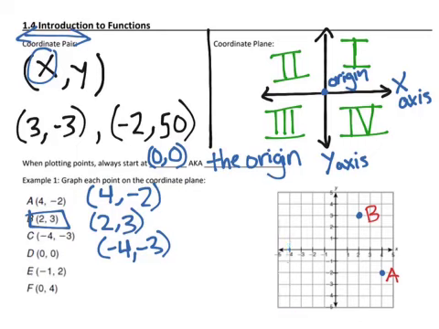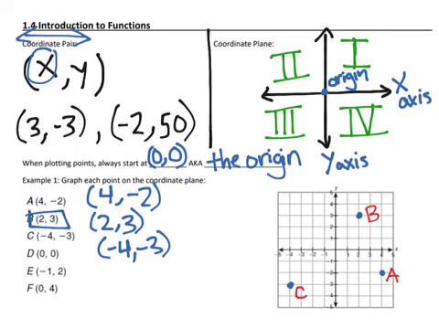So left 4 and then down 3, so negative 3. Left 4 and down 3 is going to put us at this point here. And then continuing on labeling that, that's point C.